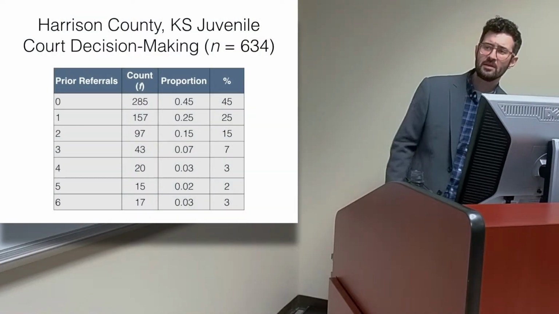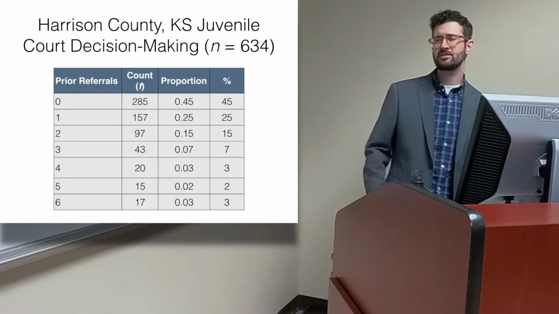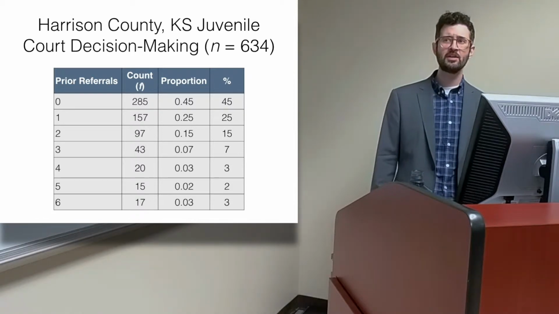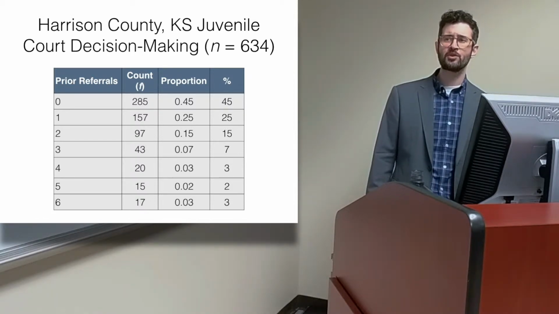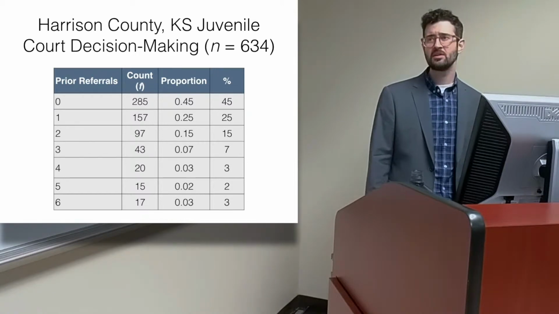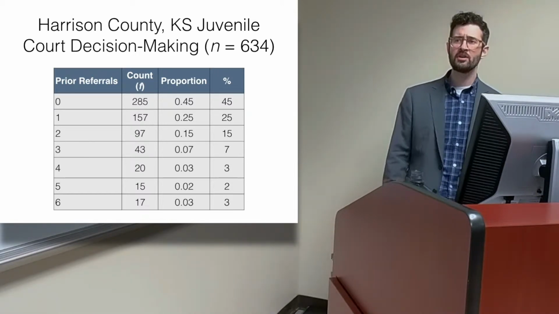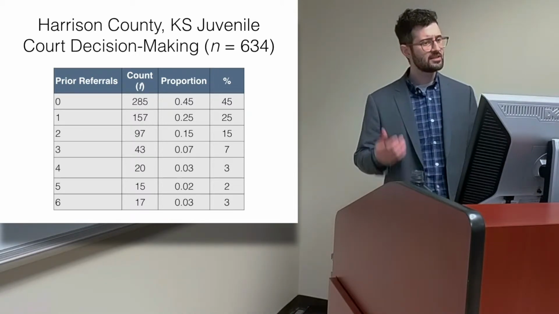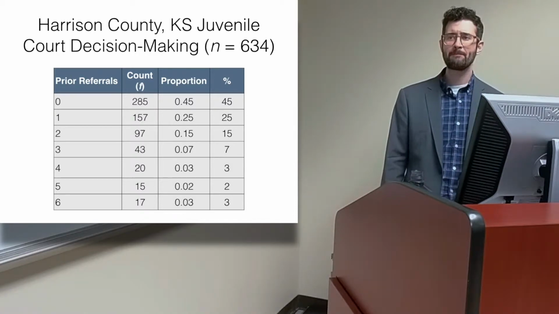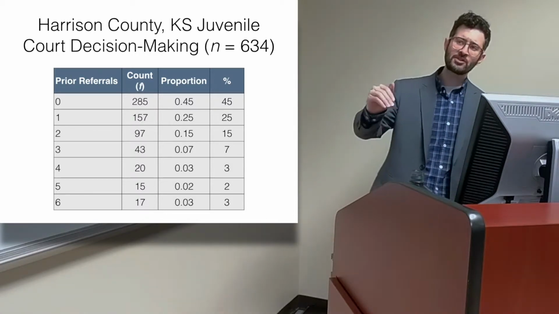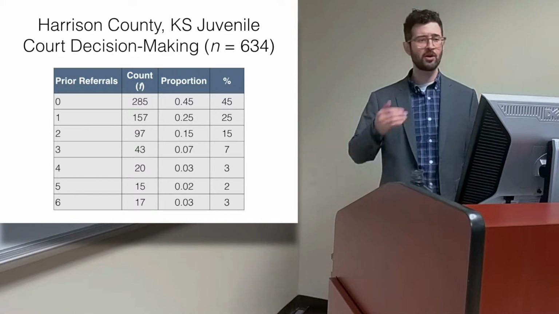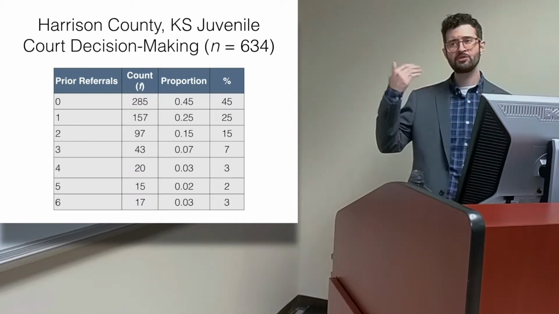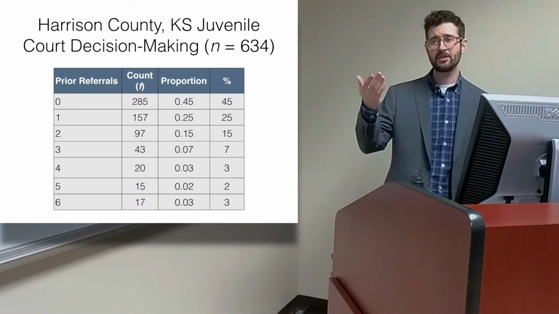So here's an empirical distribution. It's based off of the Harrison County, Kansas juvenile court decision-making data. There were 634 cases that were part of this sample. In the first column, we can see the number of prior referrals that the youth involved in these cases had.